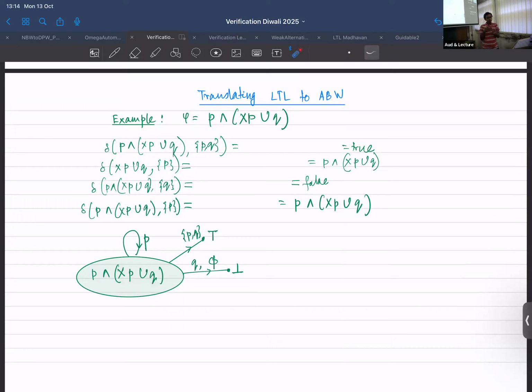So in the next state you have the p, and the p's will be holding until there is a q, but because of the next, it's like phi1 until phi2. So phi1 has to continue to hold, and then at some point of time the phi2 has to hold, but then the phi1 can cease to hold.